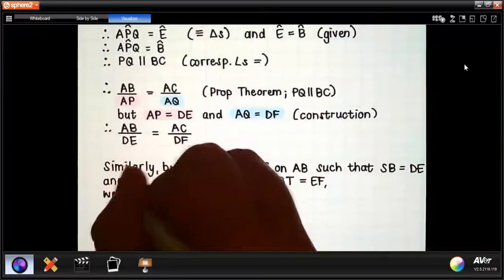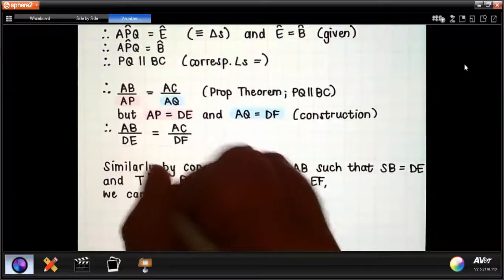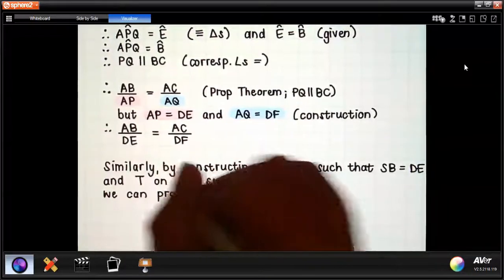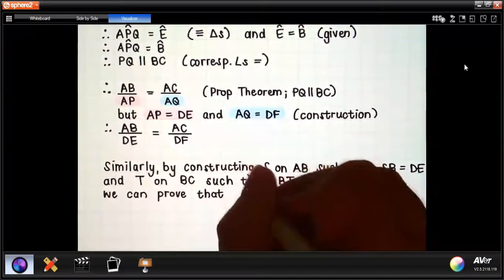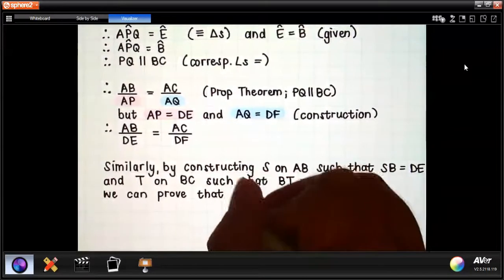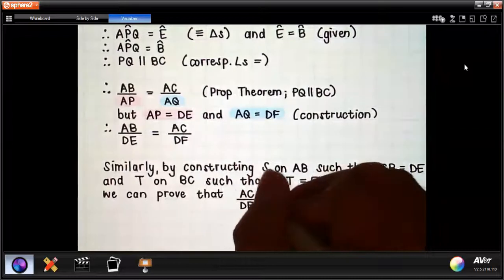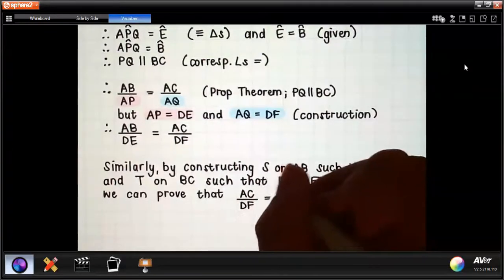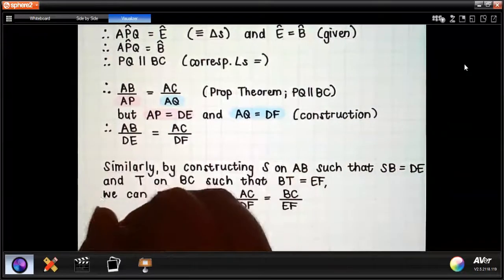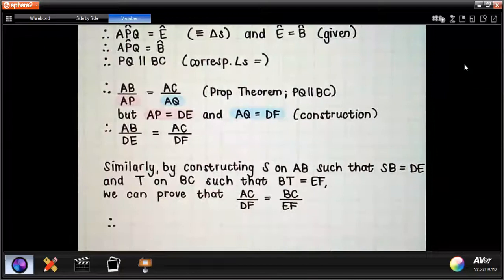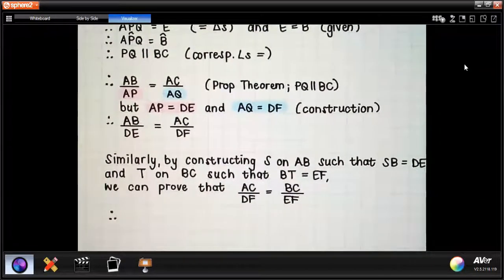We can prove that AC over DF is equal to BC over EF. Therefore, we can actually state that all three pairs of fractions are equal.